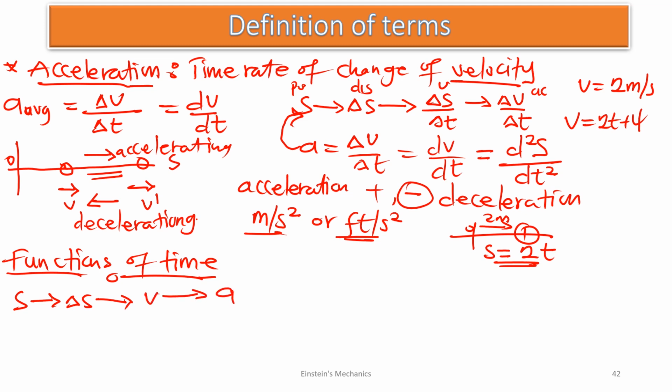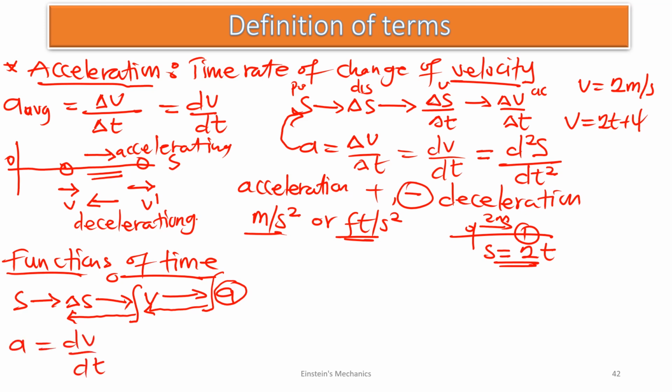So if we start from the acceleration, remember in calculus, if we integrate the acceleration, we are coming back to the velocity. We integrate it, we come back to that, and so on. Are we okay?